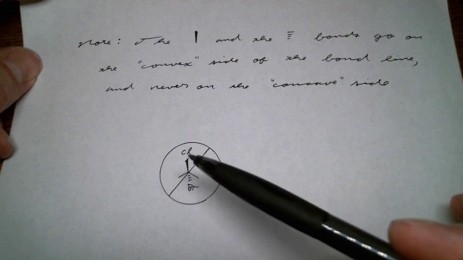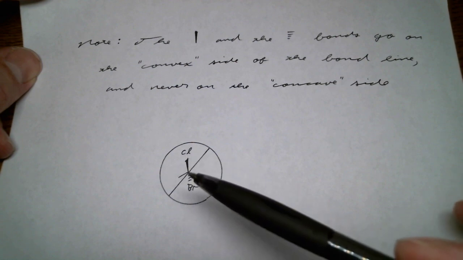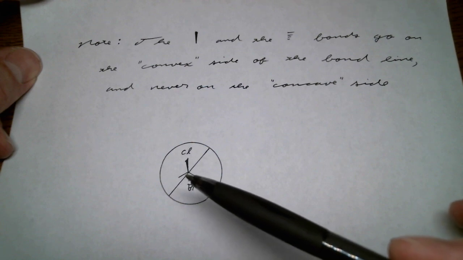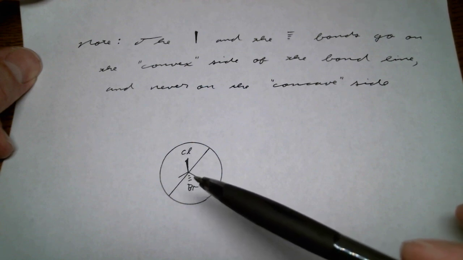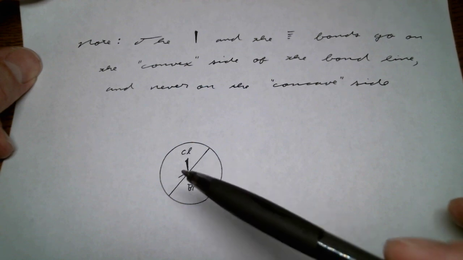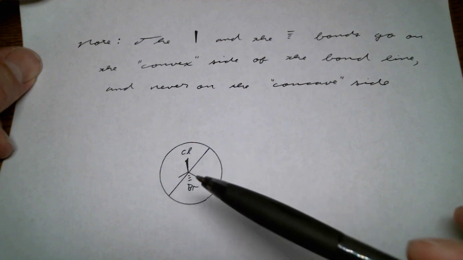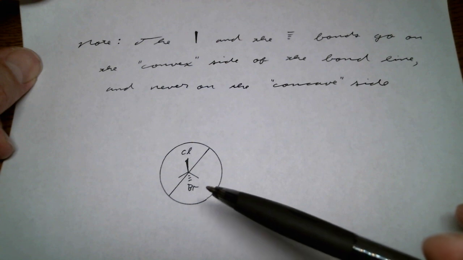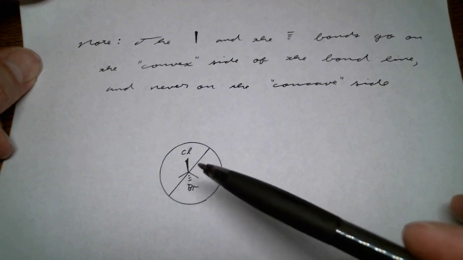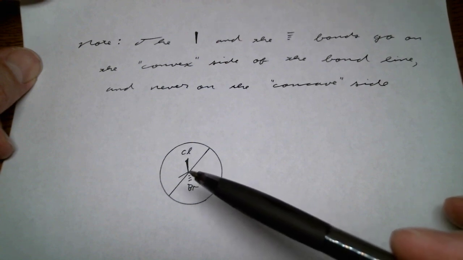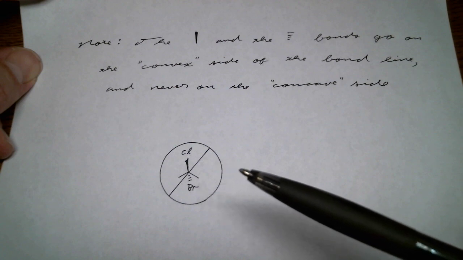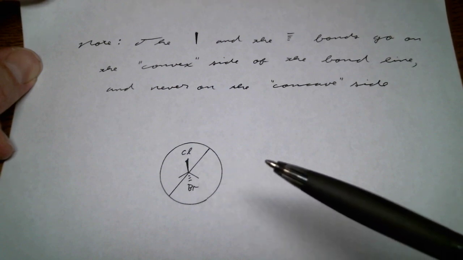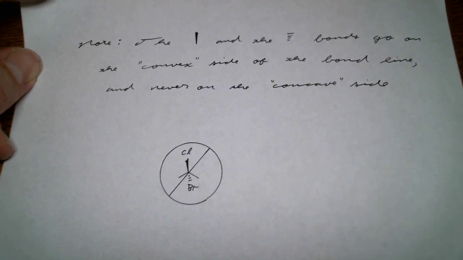You can't just put one on the side that has the greater angle and the other on the concave side, which has the smaller angle, because it would be difficult for an organic chemist to tell, especially when we get to the topic of stereocenters, what representation that molecule actually has. And we'll see that when we hit that chapter.